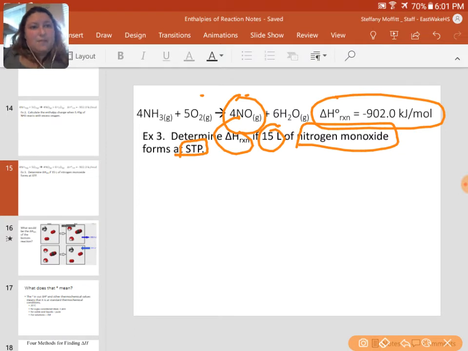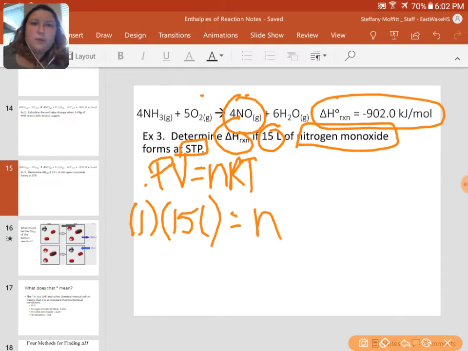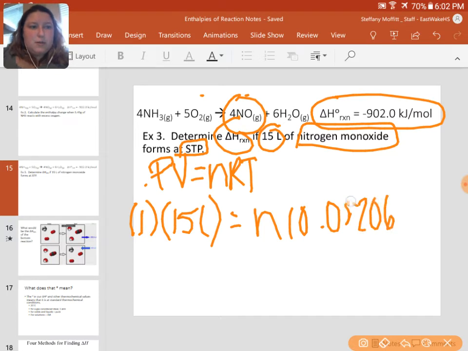So if I have 15 liters at STP, I can do PV equals nRT. Pressure at STP is 1 atm. The volume here is 15 liters. Moles is what I'm looking for. R, we're going to use 0.08206 because that is in liters atmospheres per mole Kelvin.